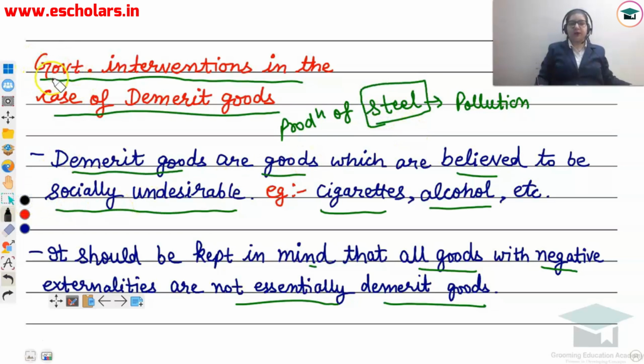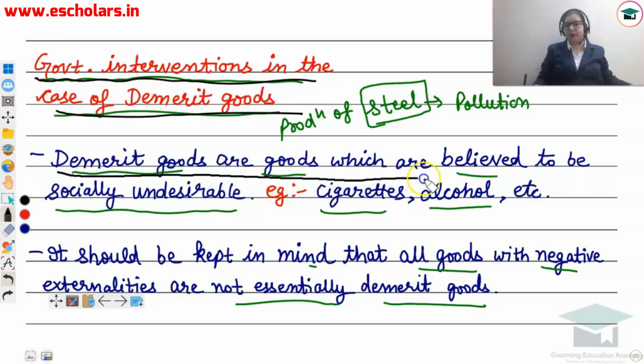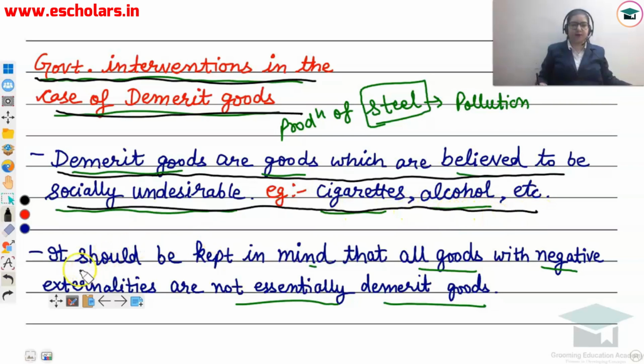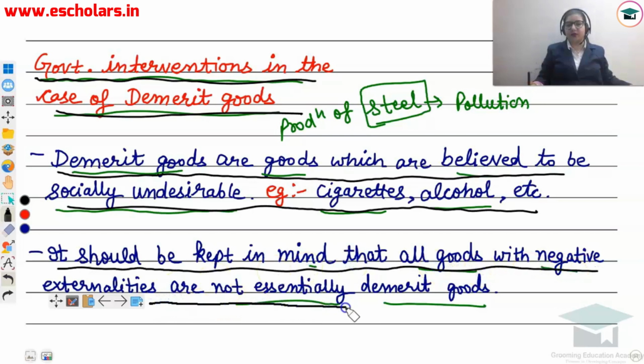So let's recall it till now. Government interventions in the case of demerit goods. Demerit goods are goods which are believed to be socially undesirable, for example cigarettes, alcohol, etc. It should be kept in mind that all goods with negative externalities are not essentially demerit goods.